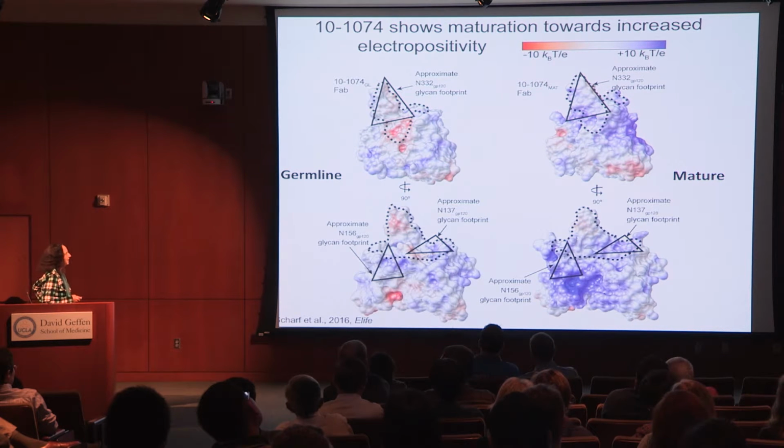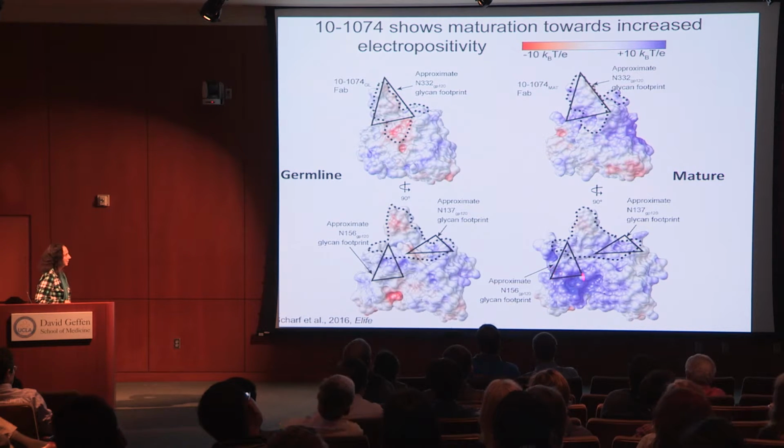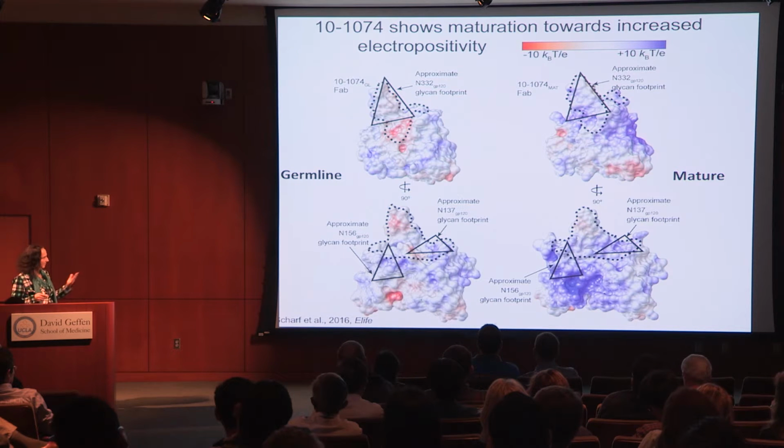But the interesting thing, at least to us, is that in the footprint, this is now a different view of the same antibody. You've just turned it 90 degrees of the combining site. Where the 156 glycan would bind, it starts off as not very positive, but then it becomes very electropositive, especially down here. And remember, we don't know quite where, probably the glycans are flexible.